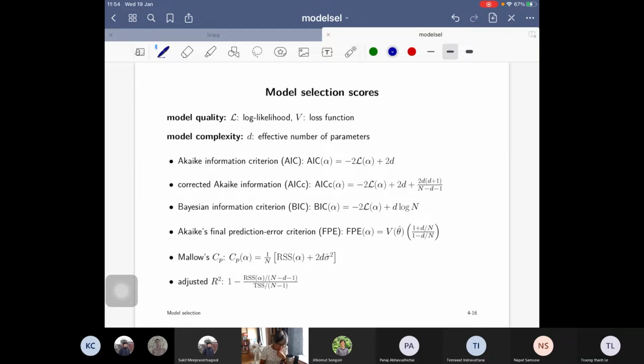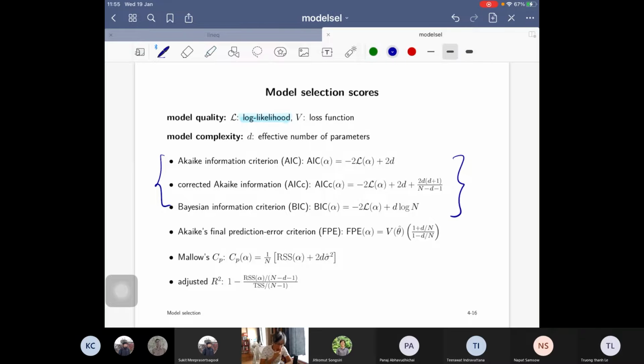There are commonly used scores in the literature of statistical models. The first three we call log likelihood based model selection scores: AIC, corrected AICc, and Bayesian information criterion. These log likelihood based scores require the log likelihood function, right?